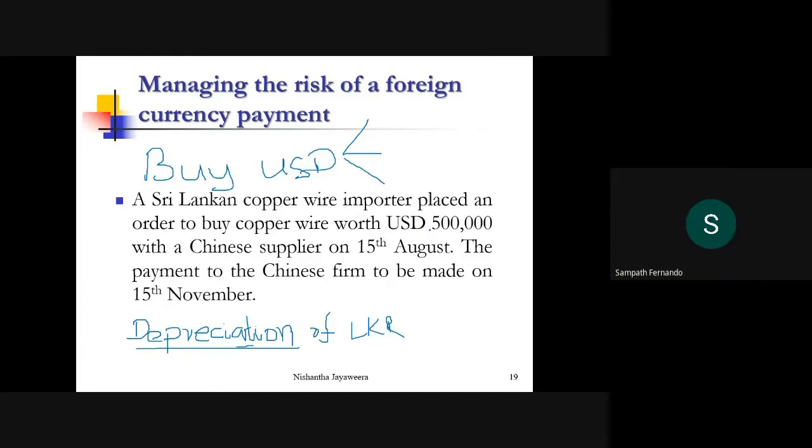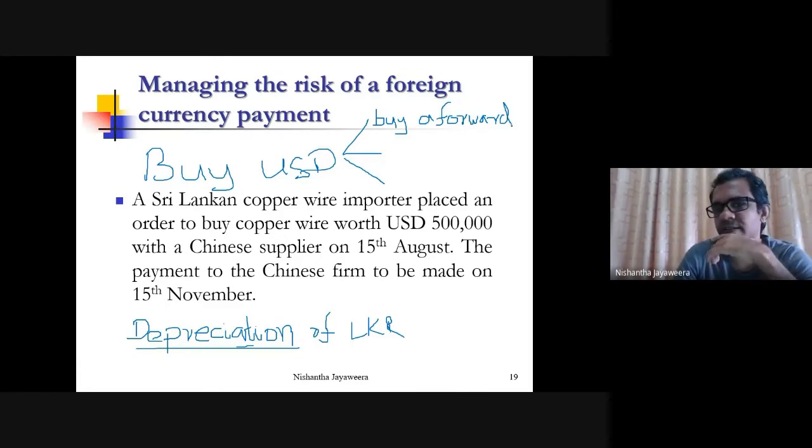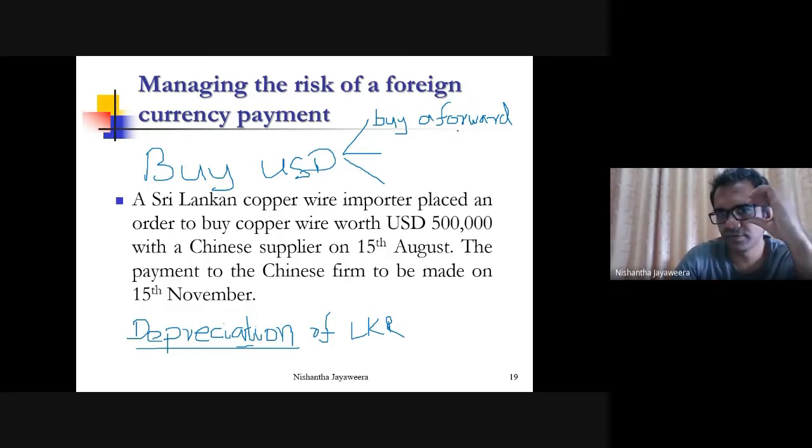So forward exchange, intend to forward exchange to buy foreign currency. So basically, what do we call it? Buy a forward. That means you enter into a forward contract to buy the underlying asset. Or it can be a future.